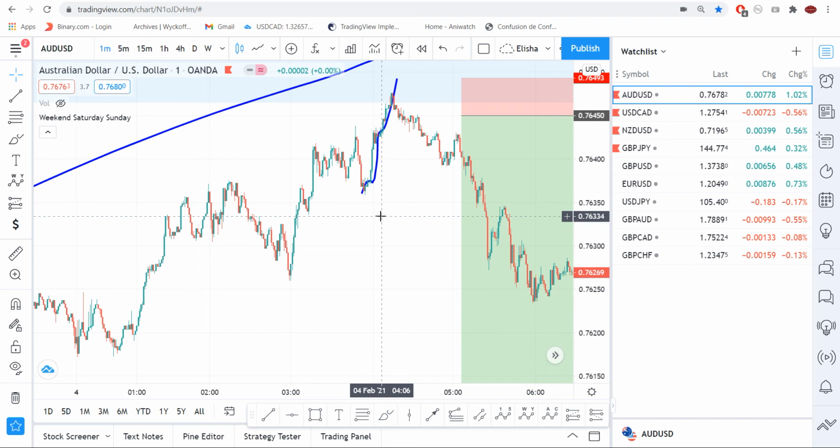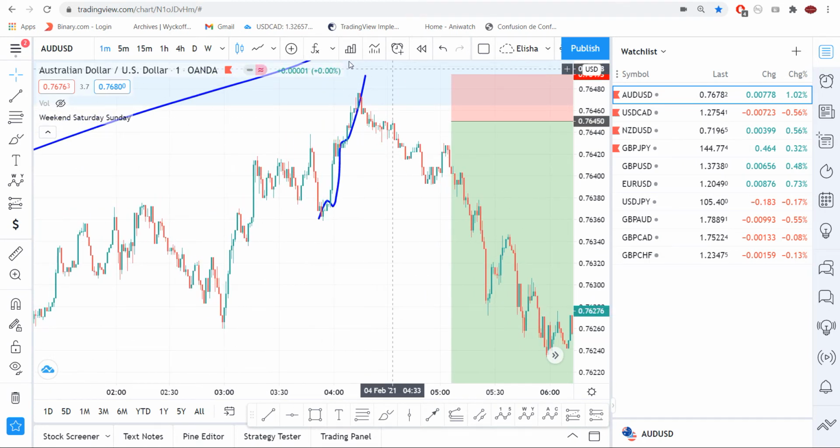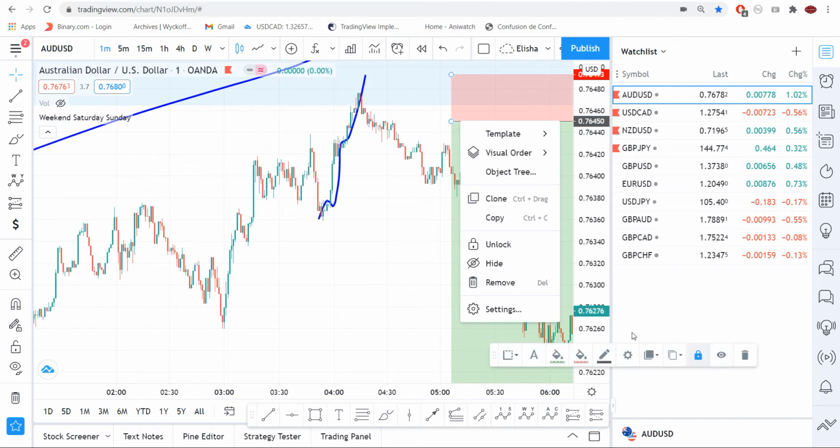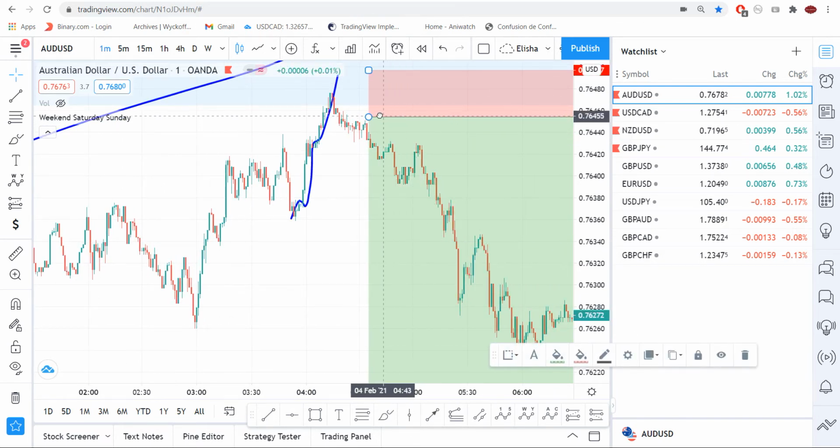So this is like the 5th wave of a 5th wave, right? So once we see this, we open our charts, and we identify this, right? That's when we decide to put our entry.